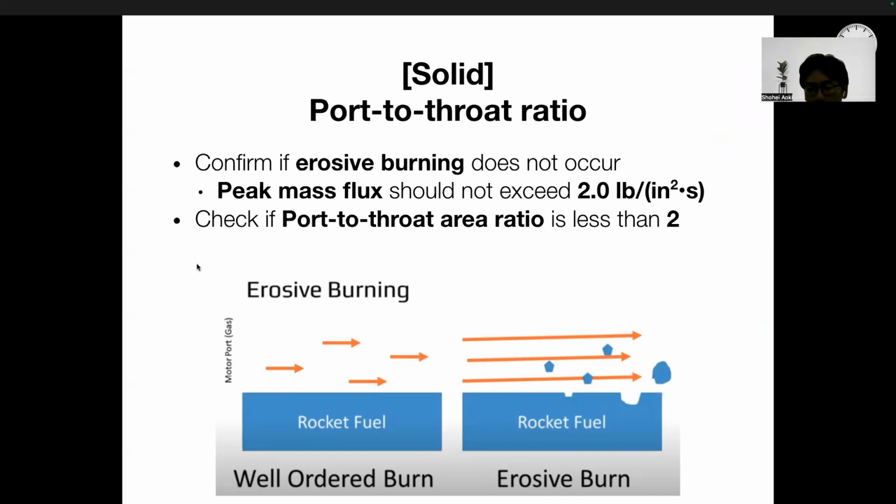This rocket is called the N3.5, not the N4, because the specification is all the same as N3, but we are going to improve our design and launch it again in April. For the N3.5, we may not need to change this one, but the port to throat ratio, one of the parameters in the solid rocket motor, needs to be reconsidered.